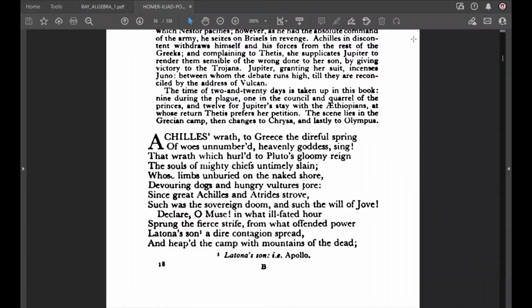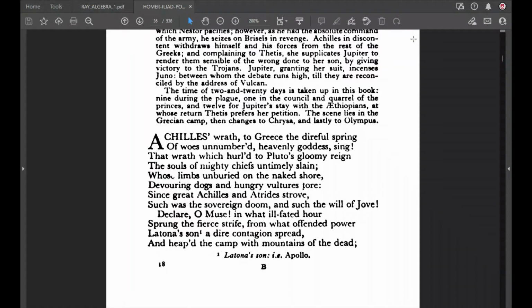So Achilles' wrath was a source of evil for the Greeks. Of woes unnumbered: Achilles' wrath was the source of unnumbered woes, of countless evils. Countless evils came to Greece from Achilles' wrath.